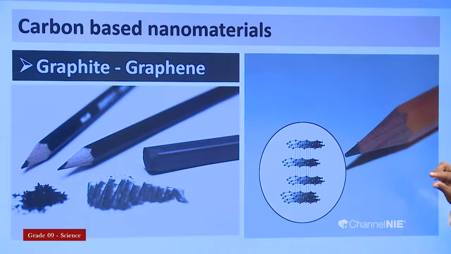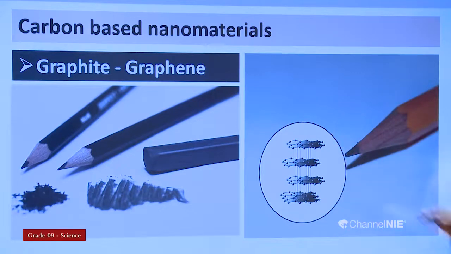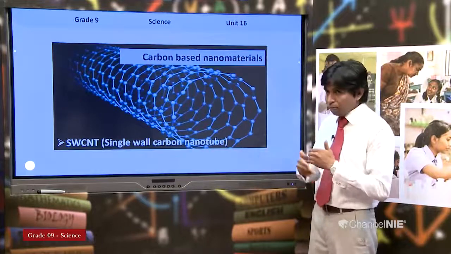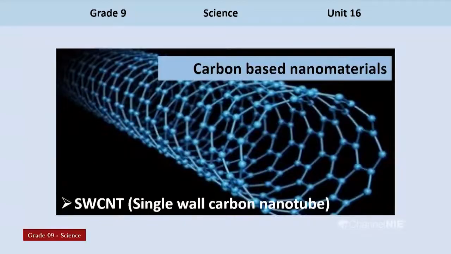If you take this graphite, each dot represents a carbon atom. Between the layers there are weak attractive forces. If you take one layer out, we call it graphene. If you roll this graphene, you call it a carbon nanotube.